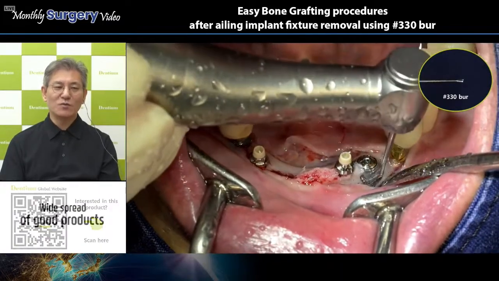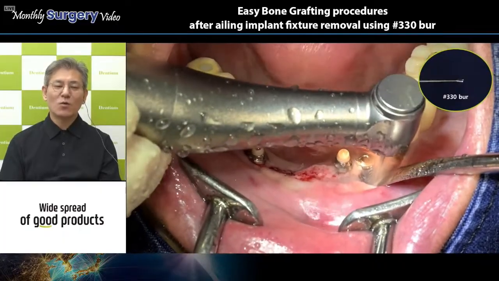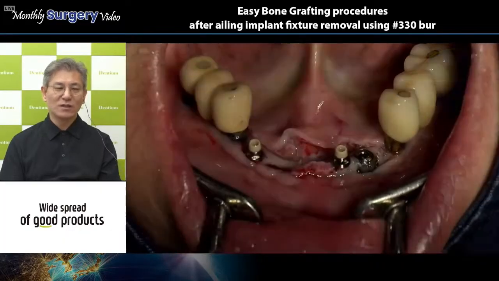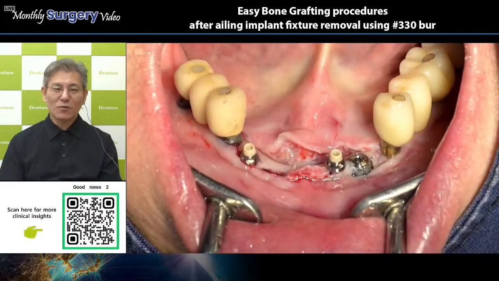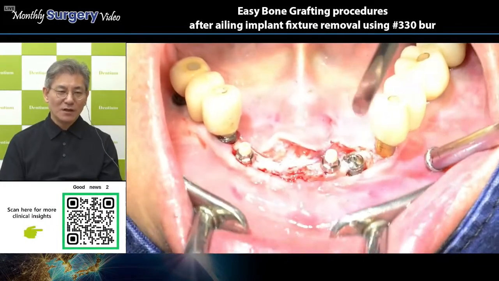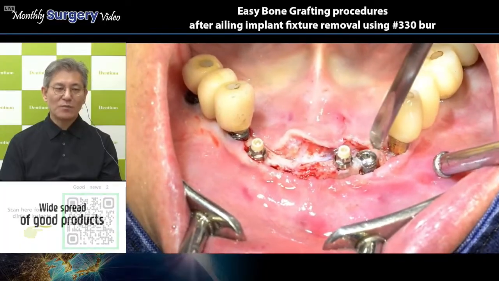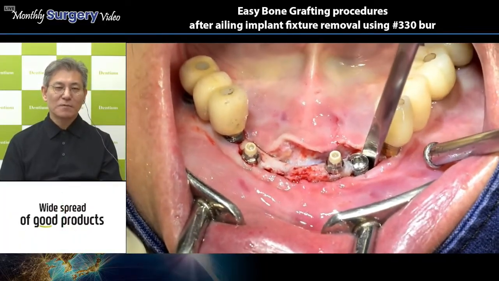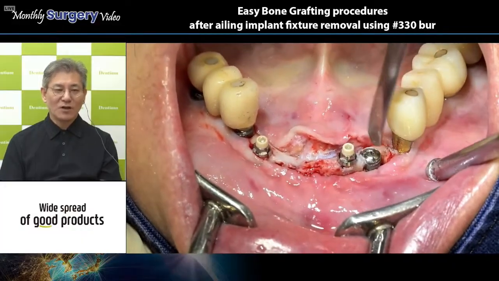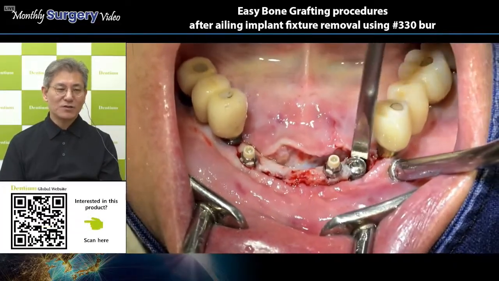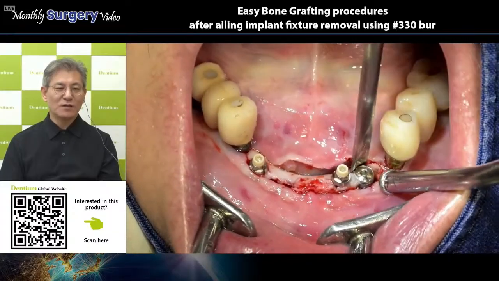How can I remove these failed or ailing implant fixtures already installed? There are many different ways to remove an implant fixture. However, this kind of procedure is simple and faster, and everybody has done it like this when the implant fixtures should be removed, right?